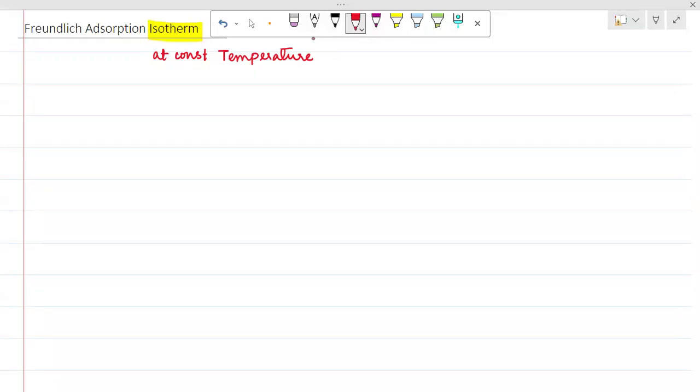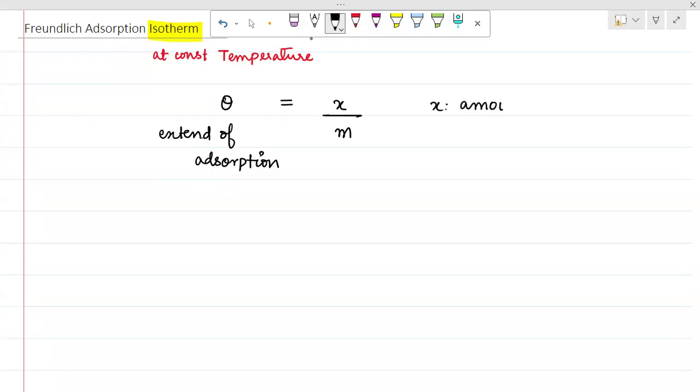Now, according to the Freundlich adsorption isotherm, theta, the extent of adsorption, is equal to x by m. This is the equation put forth under Freundlich adsorption isotherm. What is x? x is the amount of adsorbate.